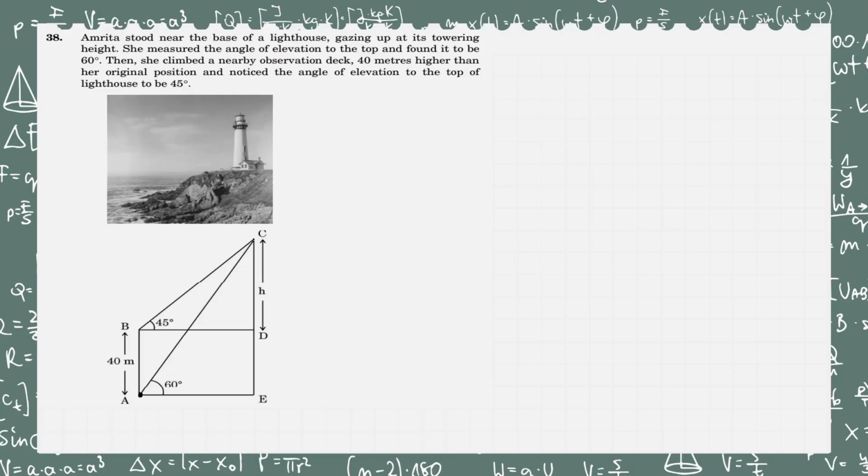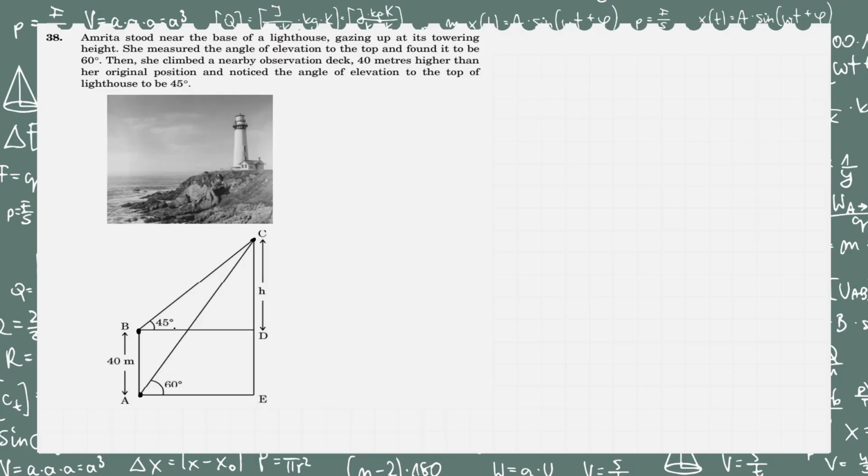From there she was watching the top of the lighthouse, which is C, at an angle of elevation 60 degrees, right? After that, Amrita climbed up to a new position which is 40 meters higher than the previous position. So A to B length is 40 meters. That's already given.